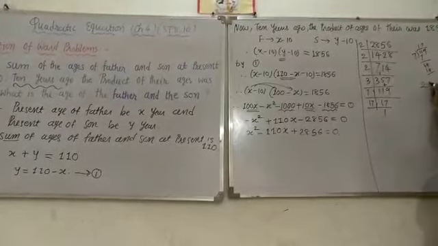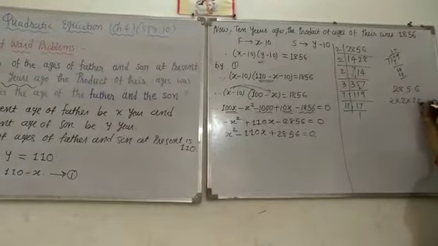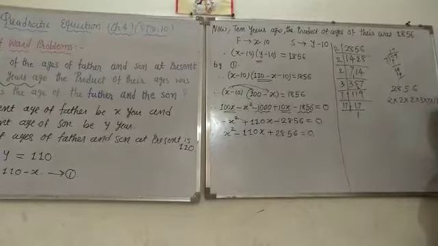So the prime factors of 2856 are 2 into 2 into 2 into 3 into 7 into 17.